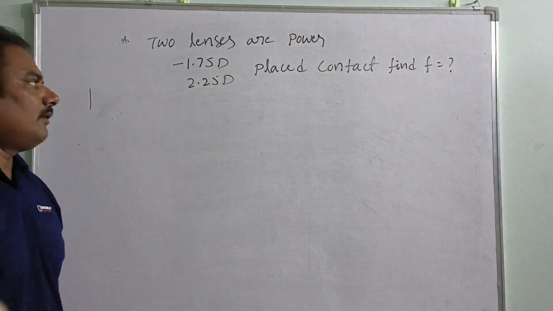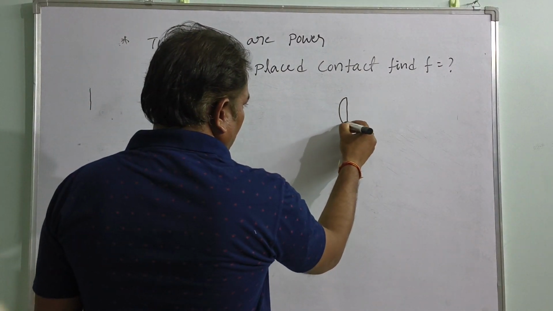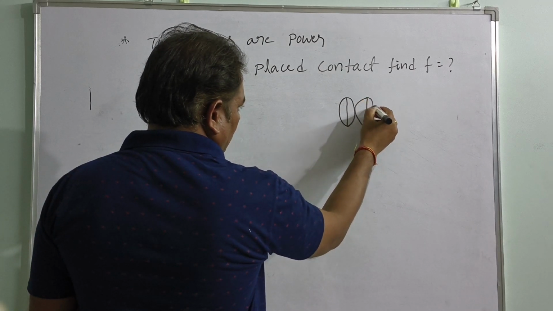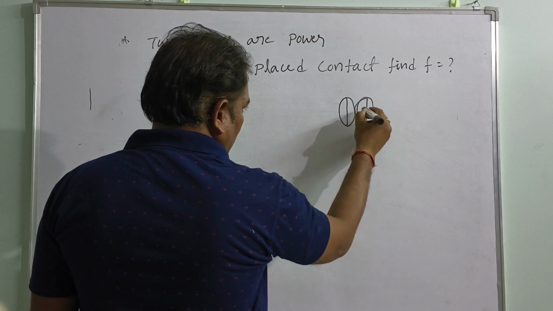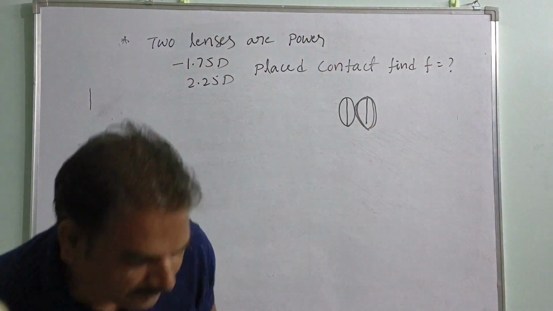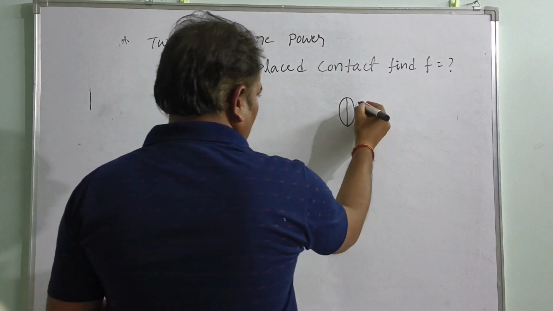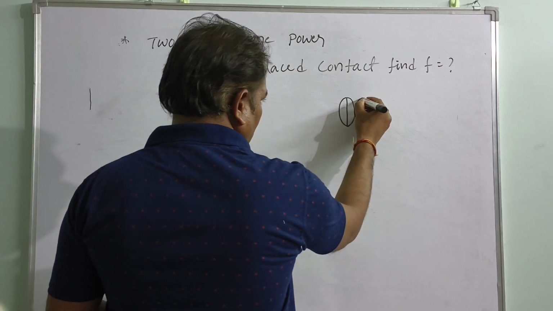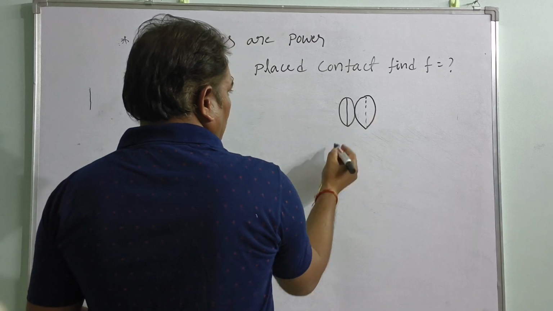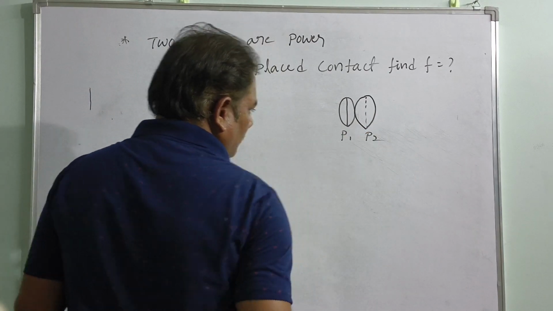We know the formula. So the two lenses are kept in contact with each other. So this is the lens. The two lenses, one has power P1 and the other has power P2.